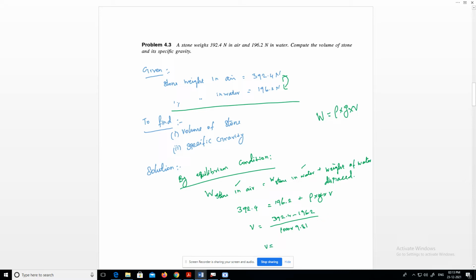From that we have to find out the volume. What's the value? Calculate fast and tell the answer, please. I have 2 minutes of time. You please calculate the volume.